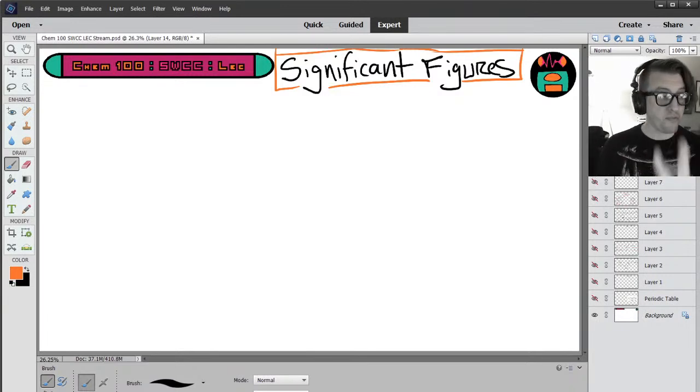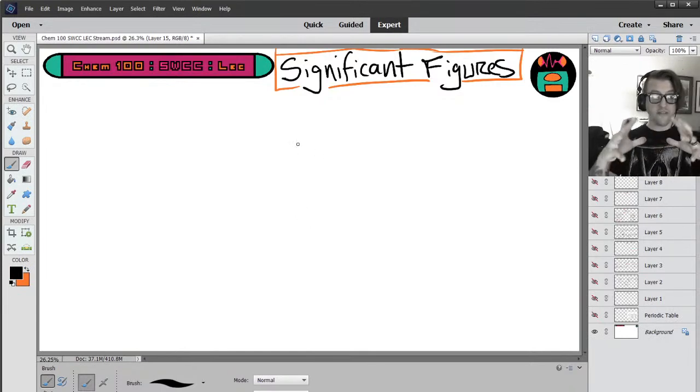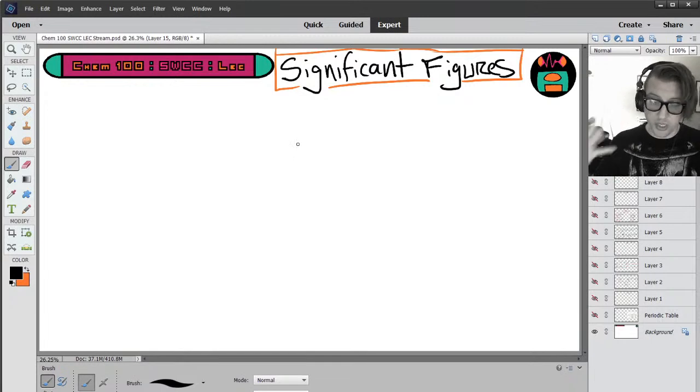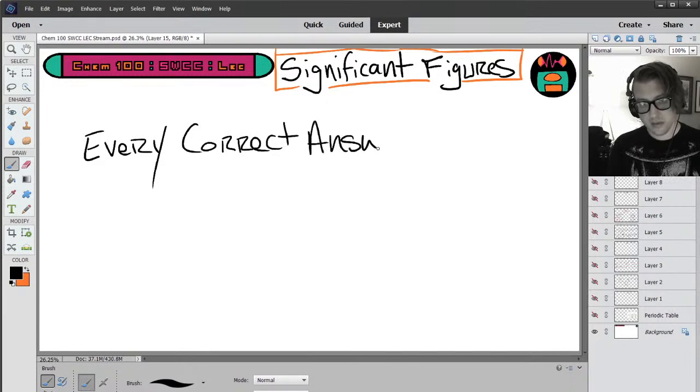Something I want to say before we dive into what these things actually are is I want to give you just kind of a thing to keep in mind as you're working every problem. This is the paradigm. This is the mindset that you want. Every correct answer in this class has three components.